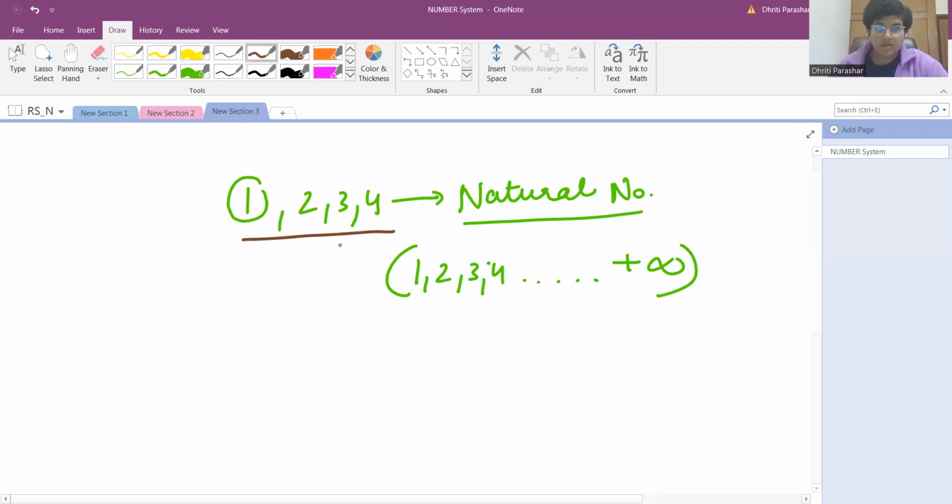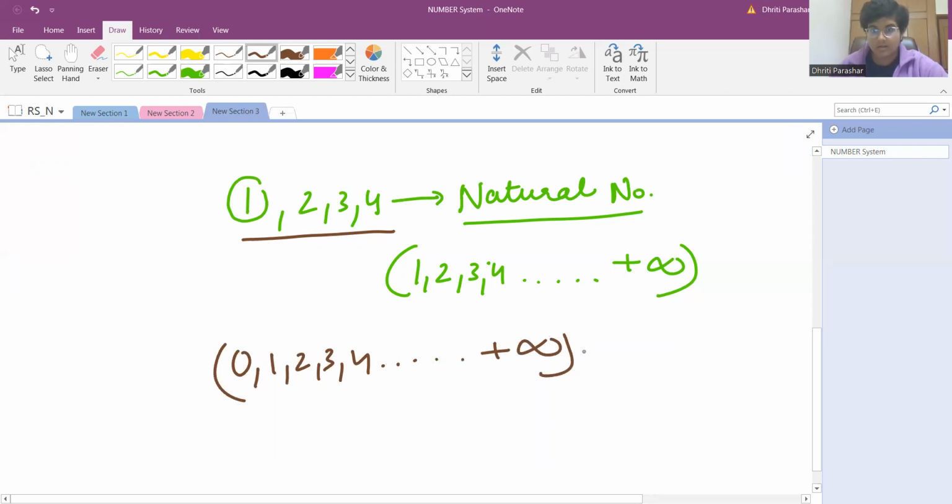Then there is one more set of numbers that you come across when you add a zero, just 1 zero, to this set of natural numbers. So 0, 1, 2, 3, 4 till positive infinity again.